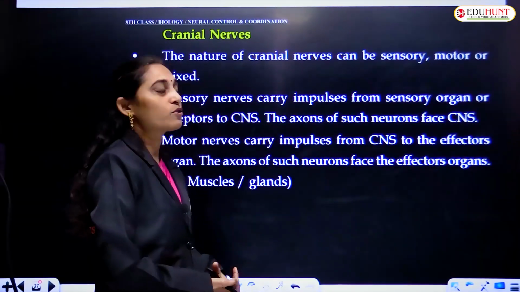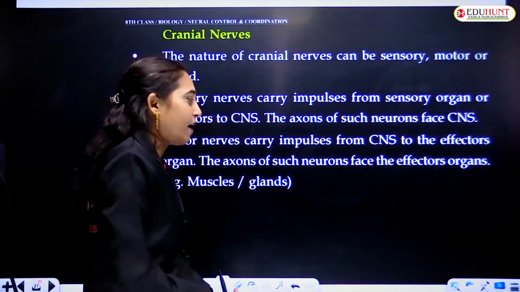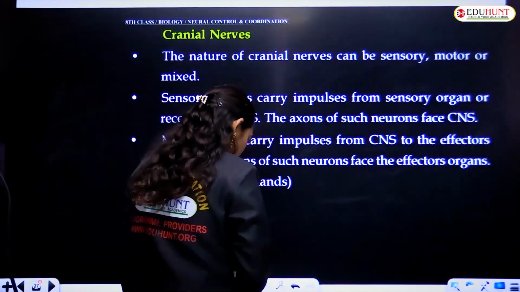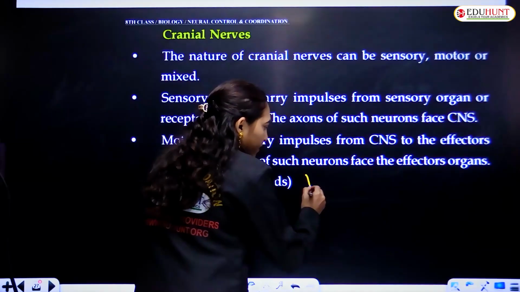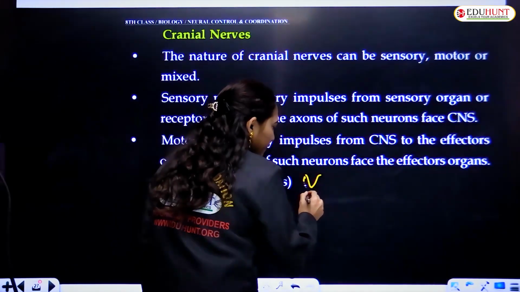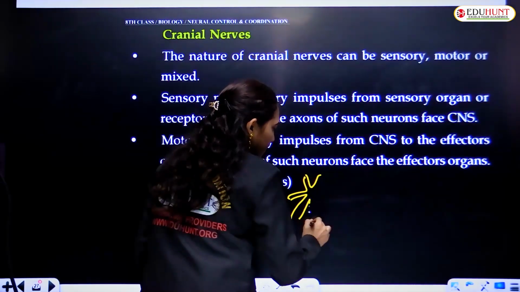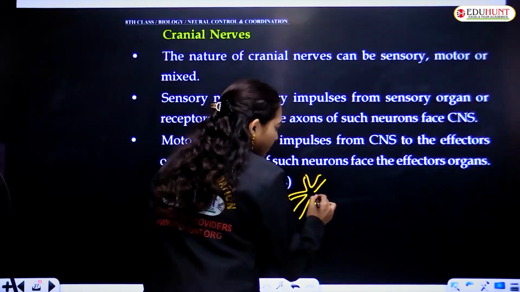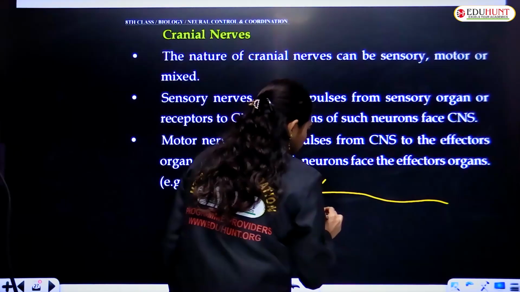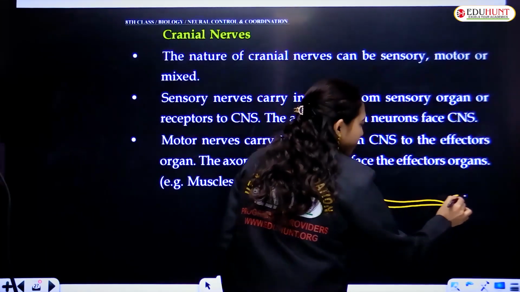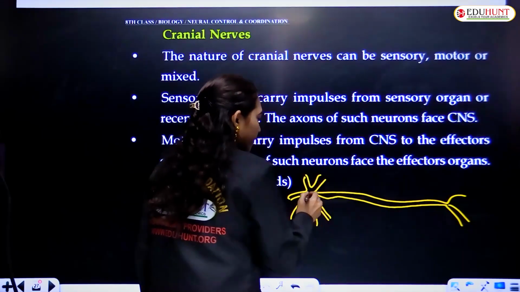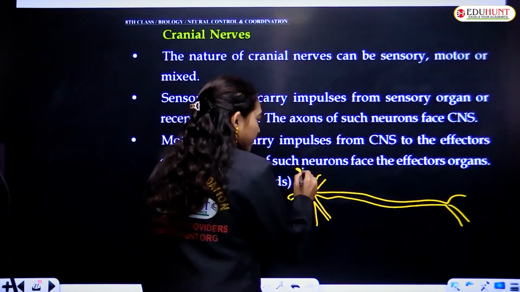The axons of neurons. We have seen what are axons. For example, imagine this as a nerve. These are dendrites.